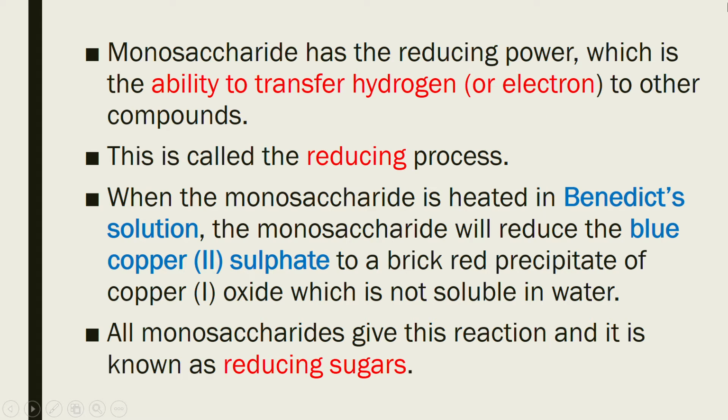Reducing power means it is able to transfer hydrogen or electrons to other compounds. That means they donate hydrogen, donate electrons, lose hydrogen, lose electrons. They have this reducing power, able to remove or transfer hydrogen and electrons from one compound to the other.